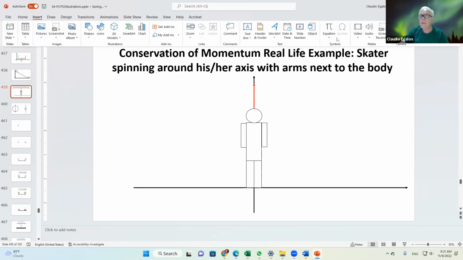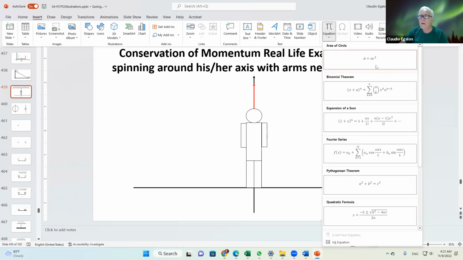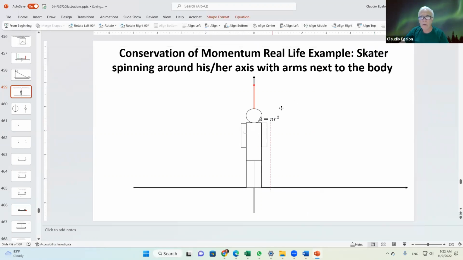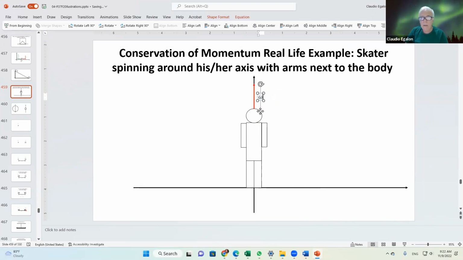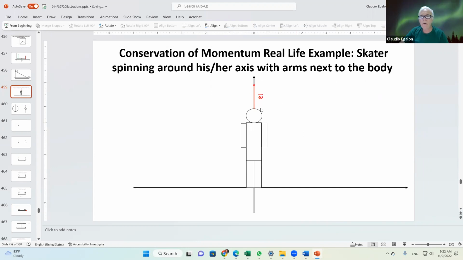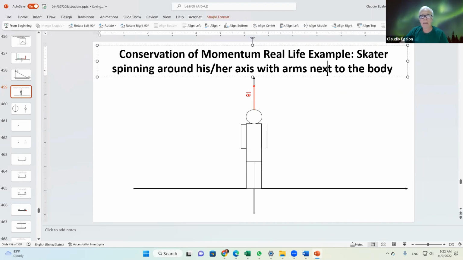Insert equation. Omega, vector, and I'll put it in red color. Okay, that's the angular velocity of my skater next to the body.